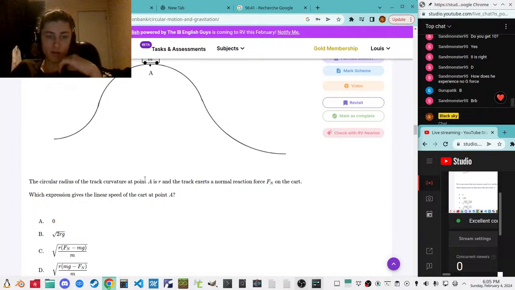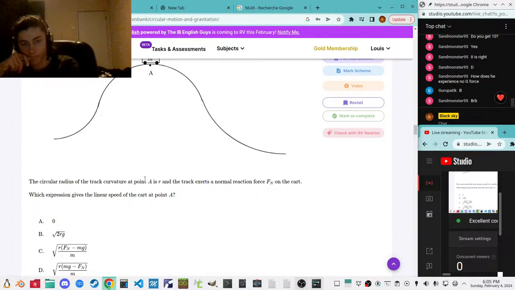How can it approximate circular motion, practically?